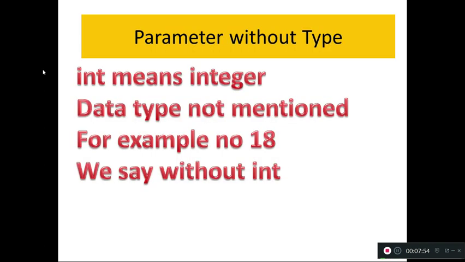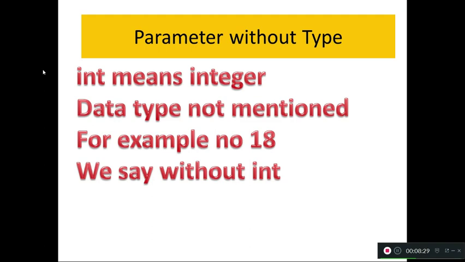Okay. The next one, parameter without type. In first year, in the Dev C++ program, if you assign any variable, for example x equal to 15, here 15 is an integer. We specify the type declaration as int, meaning integer. In first year you saw the data type. When the data type is not mentioned, it is simply called parameter without type. How many data types did you see in the first year?